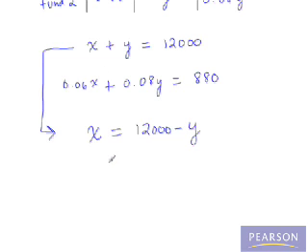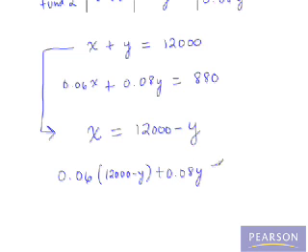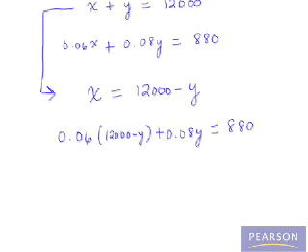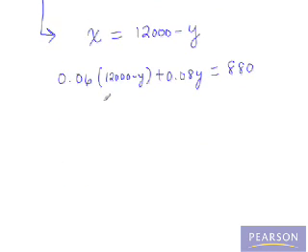Now that I have the top equation solved for x, let's go ahead and substitute 12,000 minus y in for x in our second equation, giving us 0.06 times (12,000 minus y) plus 0.08y equals 880. And we'll go ahead and solve this equation for y using the distributive property.